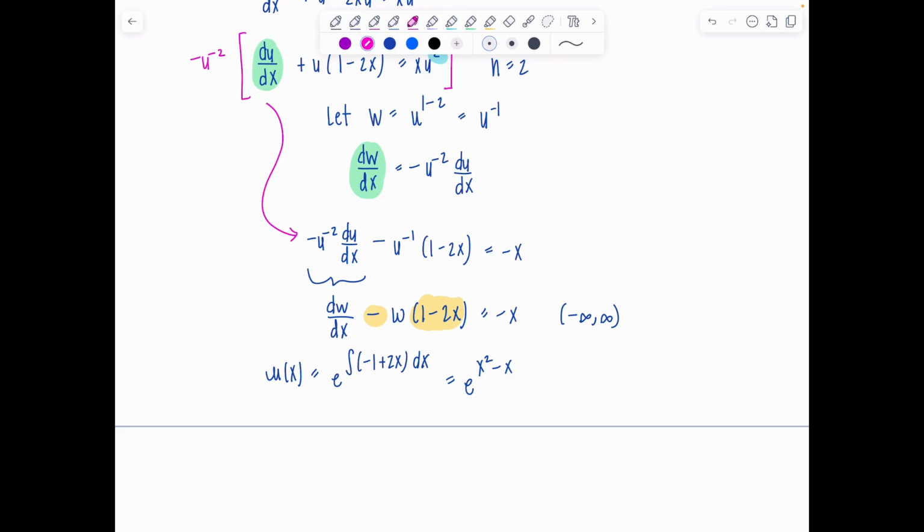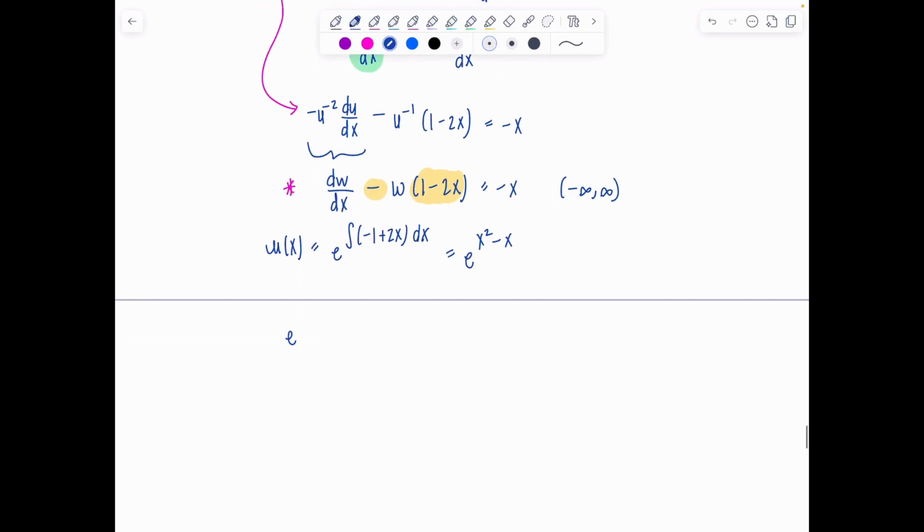Now what do we do? Now we go back to this step, multiply everybody through by the integrating factor. So what do we have? We'll have e to the x squared minus x dw/dx minus w times 1 minus 2x e to the x squared minus x equals negative x e to the x squared minus x.